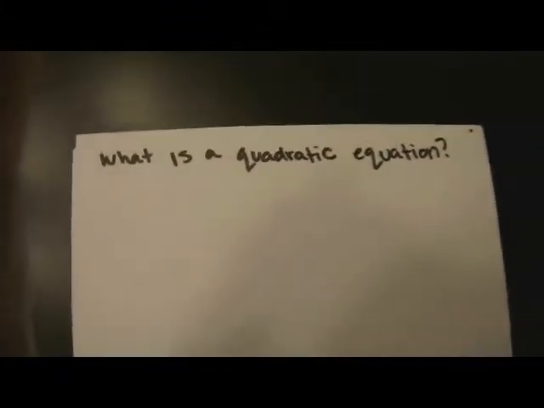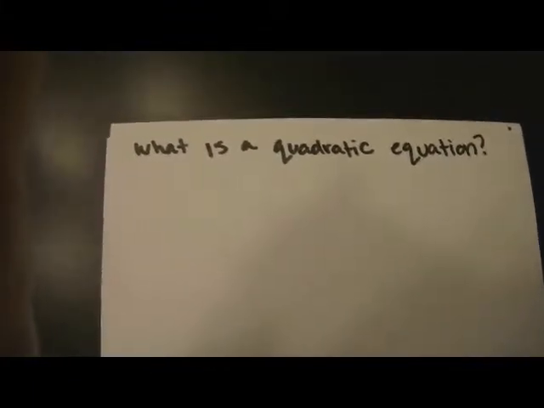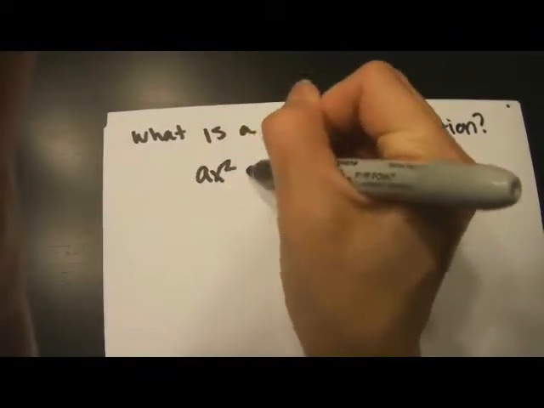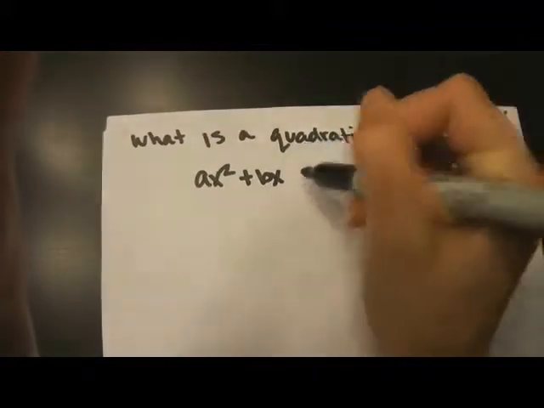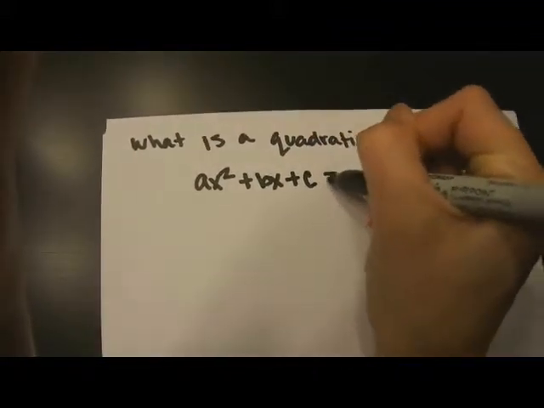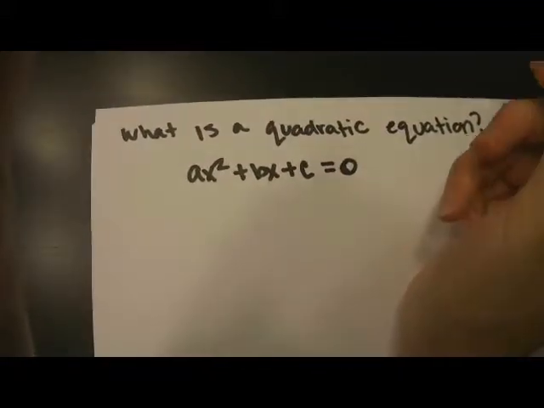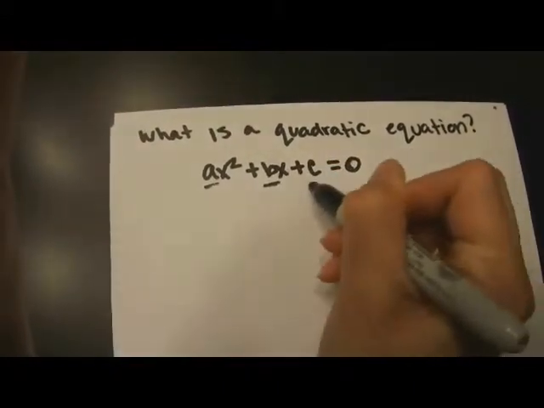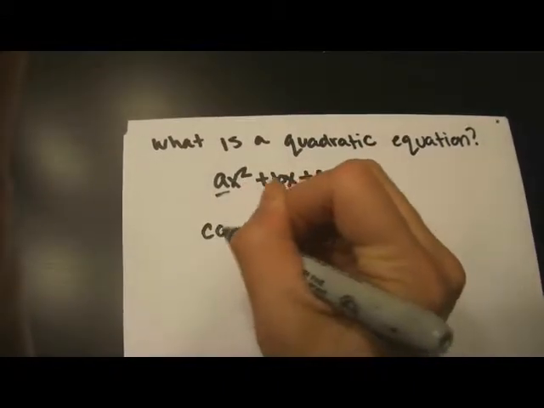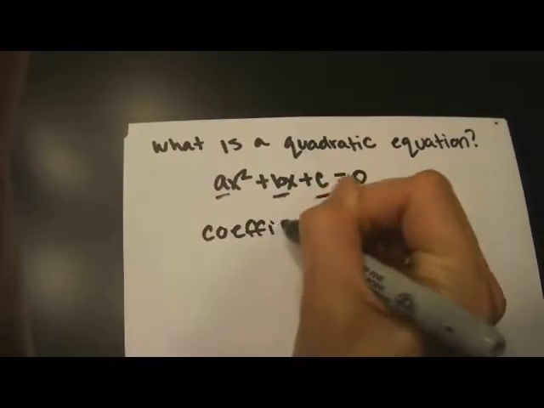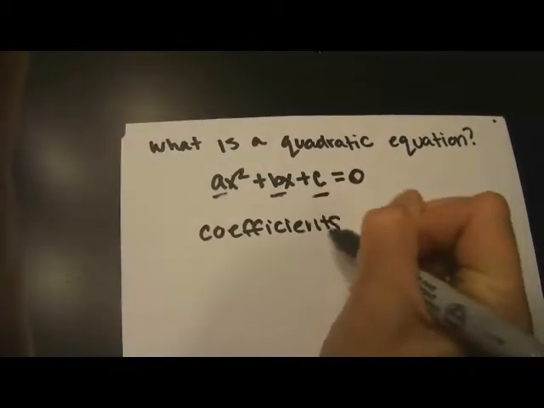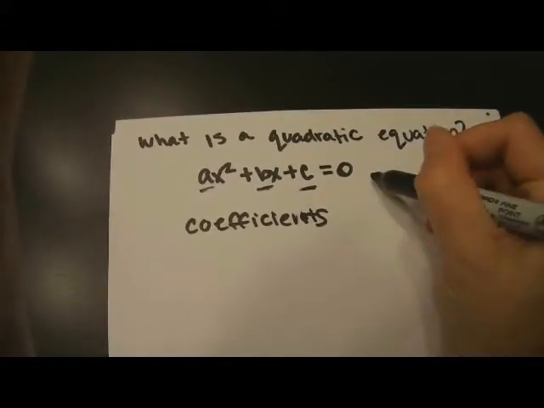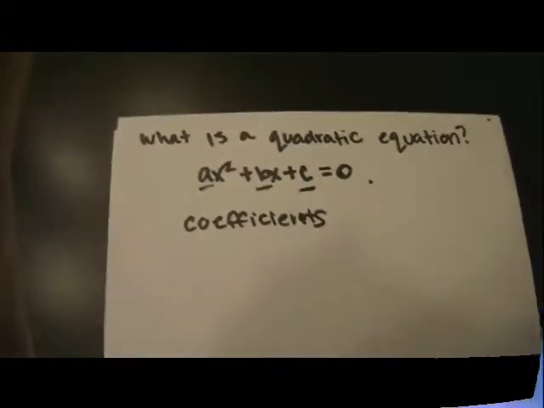Well, a quadratic equation is a polynomial equation of degree 2, and it's in the form of ax squared plus bx plus c equals 0. Now, a, b, and c are all coefficients of this equation. This becomes very important, and that is your quadratic equation.